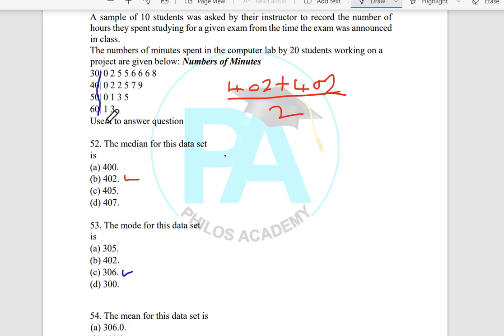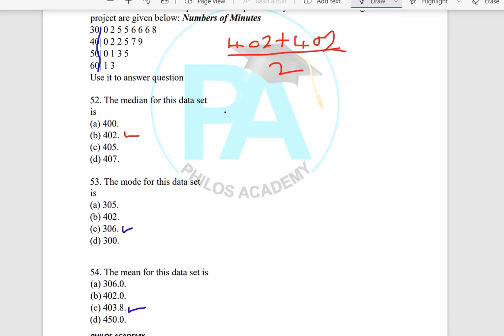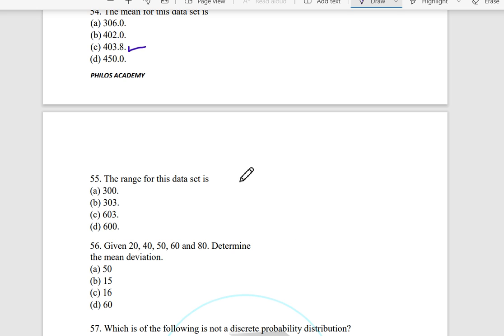The highest value is 603 and the lowest value is 300. So 603 minus 300 gives you 303. So the correct answer for question 55 is D.